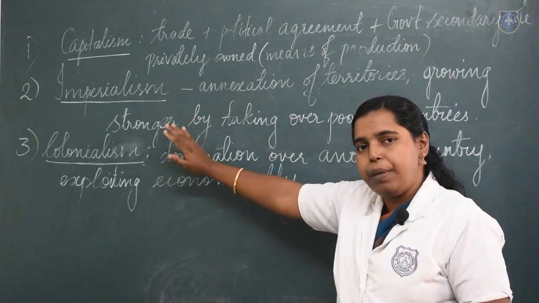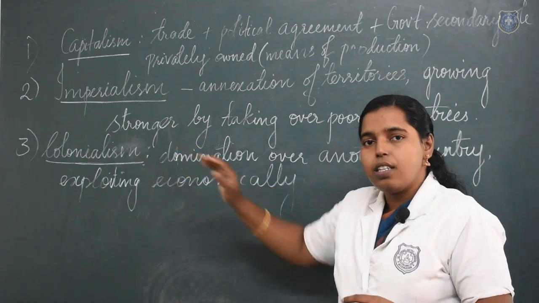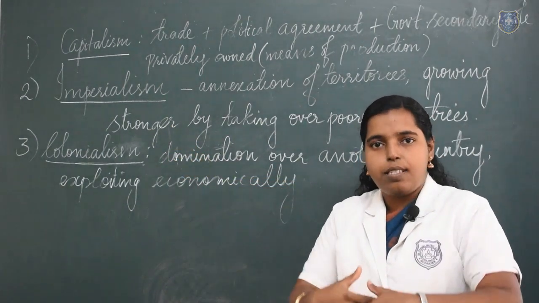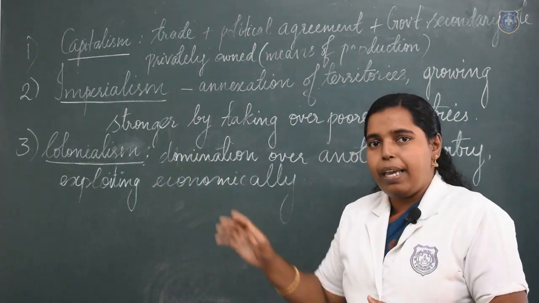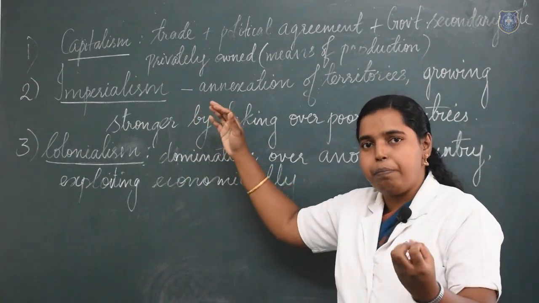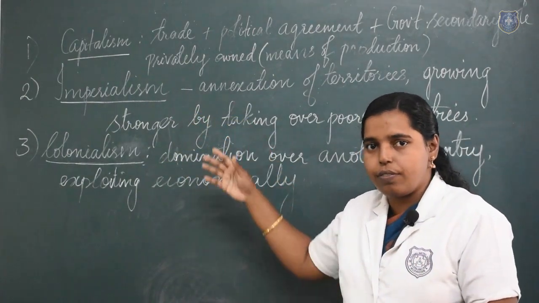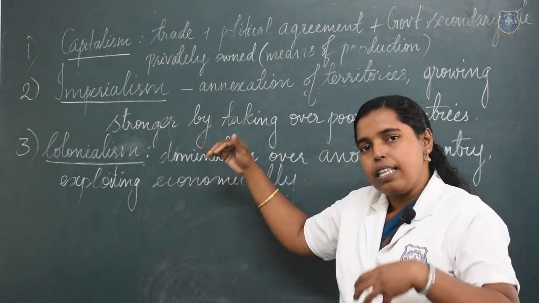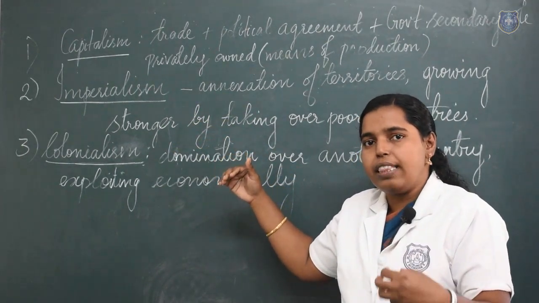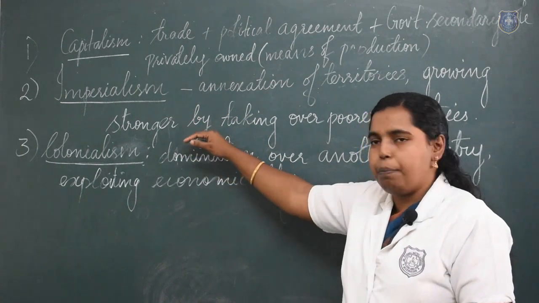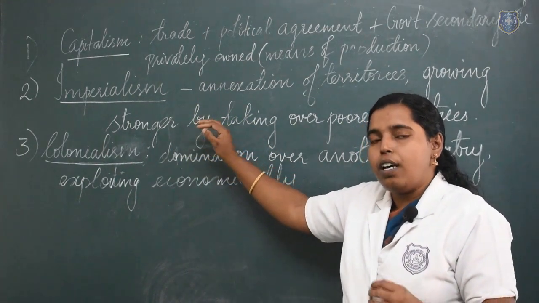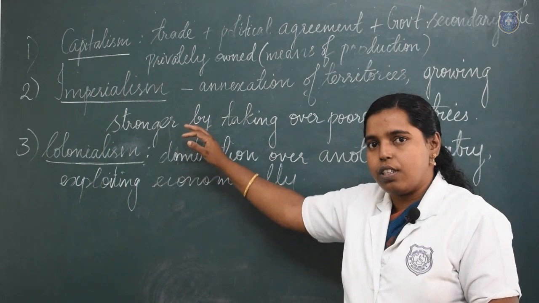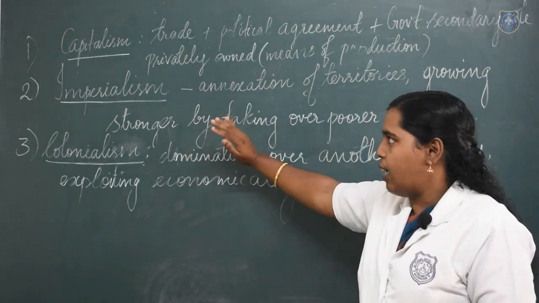The motive of imperialism is that the stronger country expands its territory. That is the main important thing, and they will make use of all the resources of the poorer countries. Using those resources, they will get more profit and start growing. That is imperialism, a kind of cruel domination.